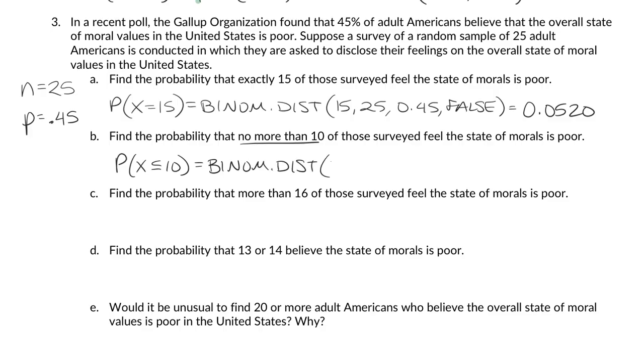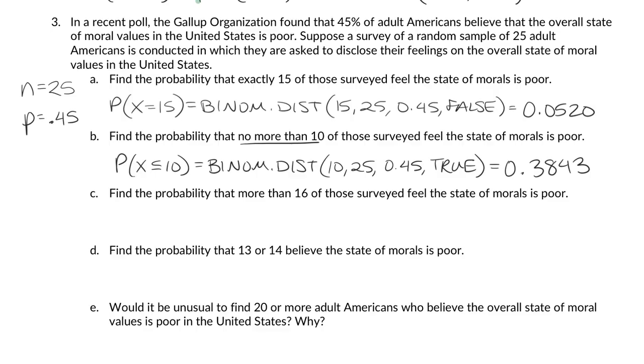We're doing 10 out of the 25 with a 45% chance of someone agreeing that the state of overall moral values is poor. And this time we're doing true because we do want it to be cumulative. You guys calculate this for me real quick. We should, for that one, get 0.3843. We do that one? Okay.